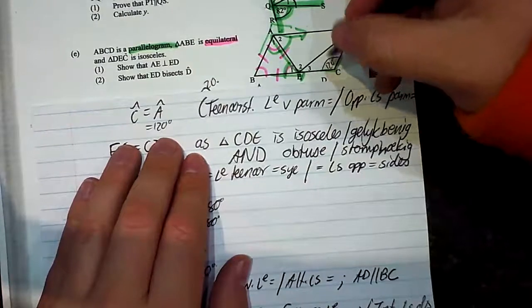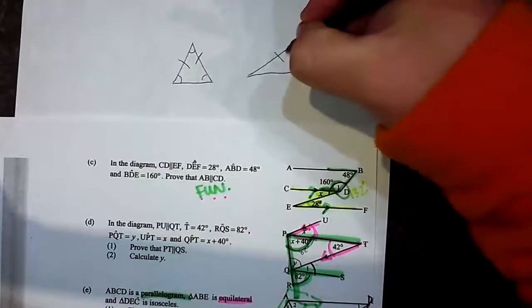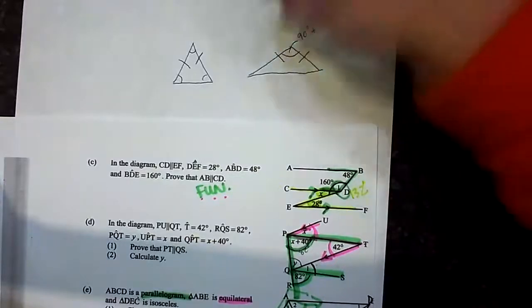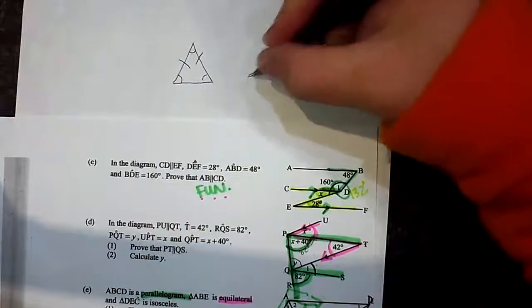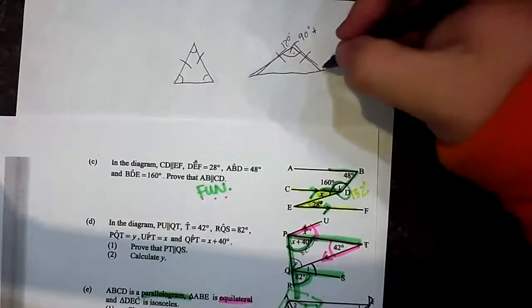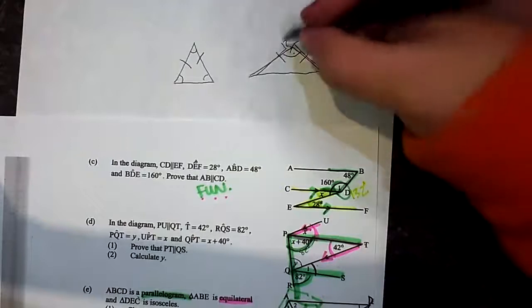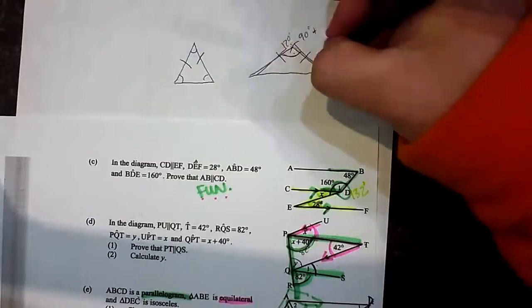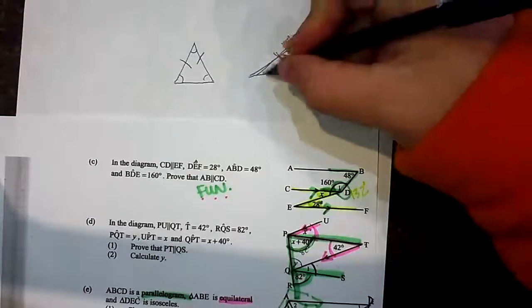Just recap. If you have an acute angle isosceles, all three are acute. But if you have an obtuse isosceles, a stomphoekige, sê nou maar soos 120 grade, dan weet ek, daai twee aangrensende sye is die gelyke bene. If I have an obtuse angle isosceles, then those adjacent sides are of equal length. It cannot be this one.